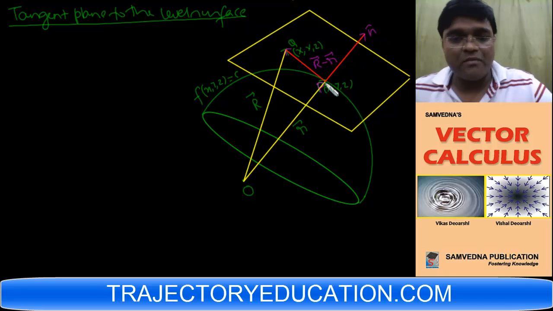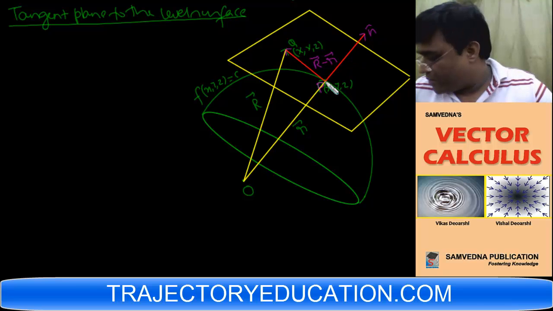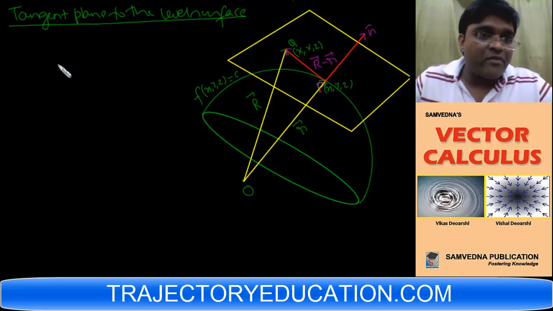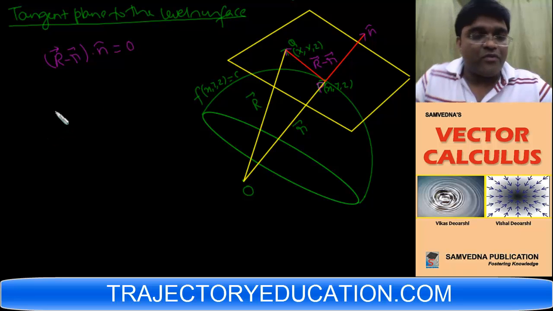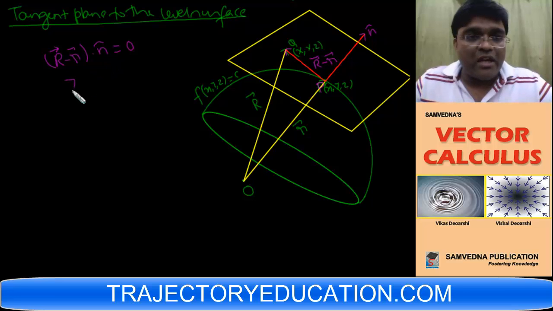So I can say that n is perpendicular to capital R minus small r, since this vector lies in the plane itself and n is perpendicular to the plane. Then n dot (R minus r) is 0. And del f, which is perpendicular to the level surface, will be parallel to n.